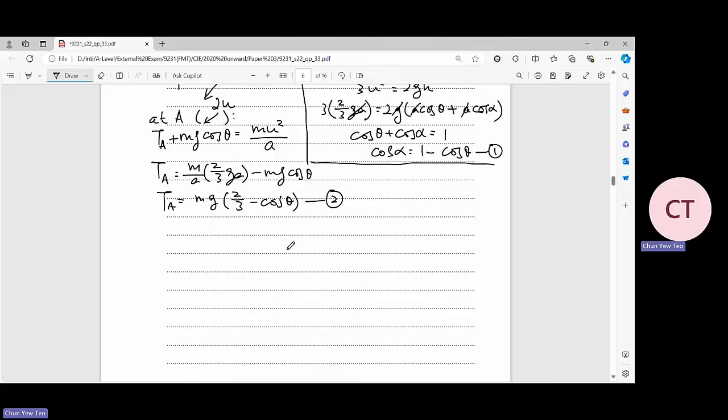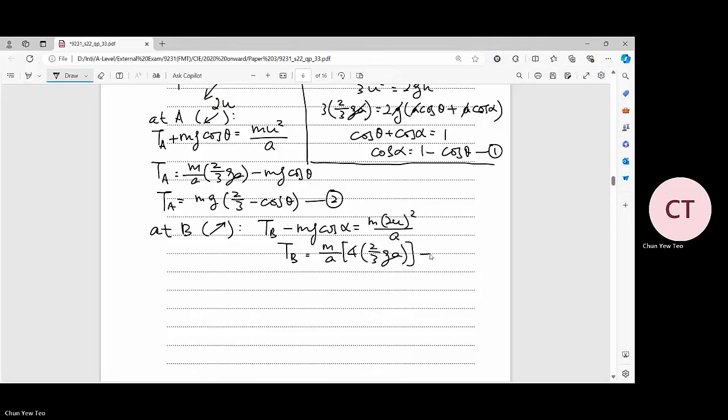Then consider the forces at B. If you resolve to the center, you will get dB minus mg cos alpha is equal to m of 2u squared over a. So dB equals m over a of 4u squared plus mg cos alpha.